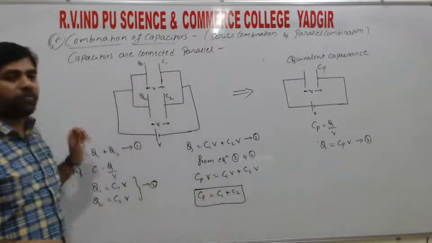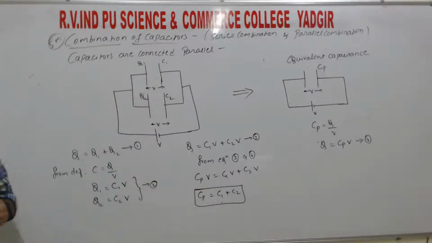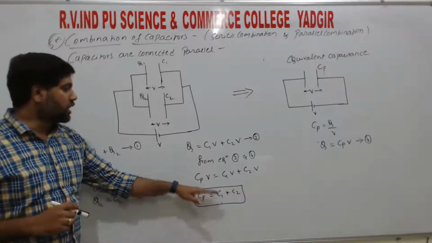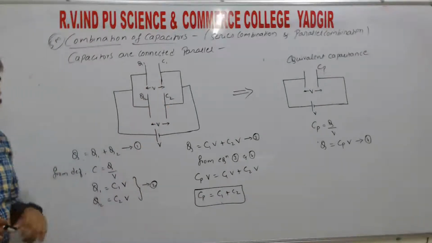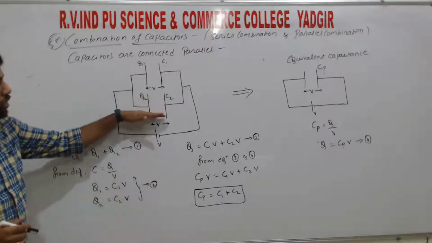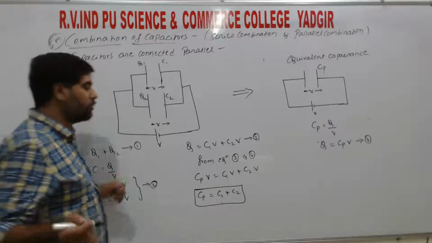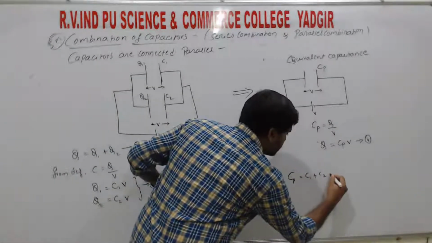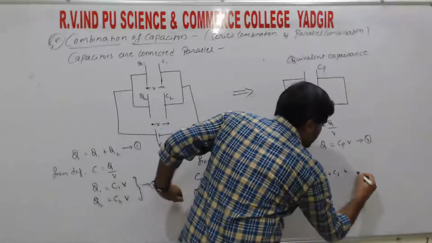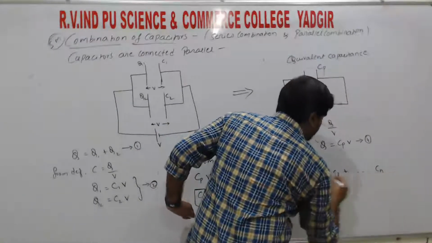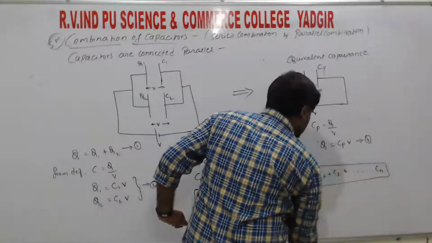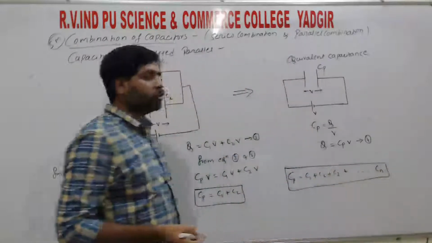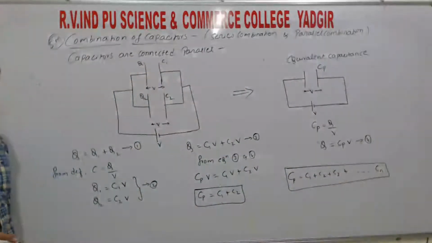This gives the final expression for capacitors connected in parallel. If n capacitors are connected in parallel, Cp is equal to C1 plus C2 plus C3 and so on up to Cn, where n is the number of capacitors connected in parallel.